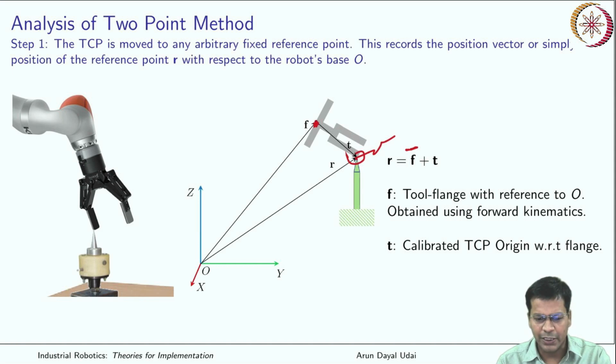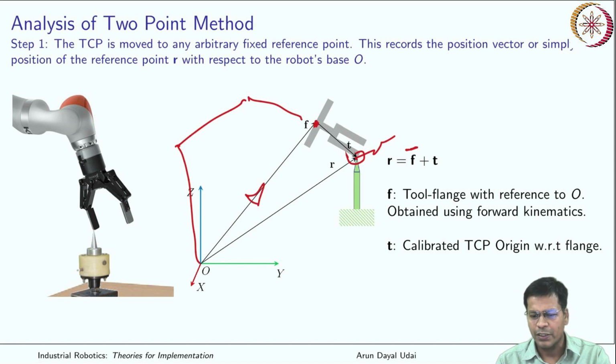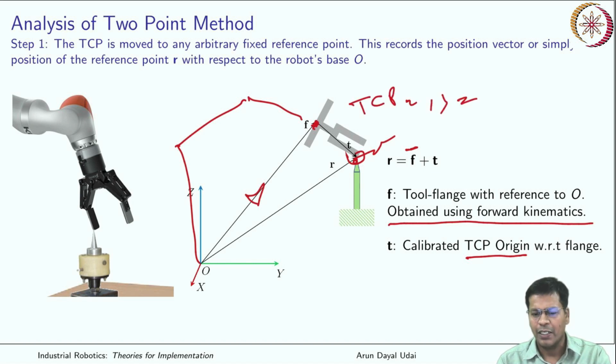The robot already knew this location. Using forward kinematics, it will quickly calculate the location of this flange. So it has this information, that is the tool flange with respect to the origin, obtained using forward kinematics. And because this is an origin calibrated tool for which you have already done the origin calibration, you also know this location with respect to this, that is TCP X, TCP Y, TCP Z are known.